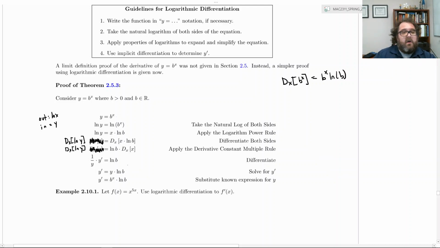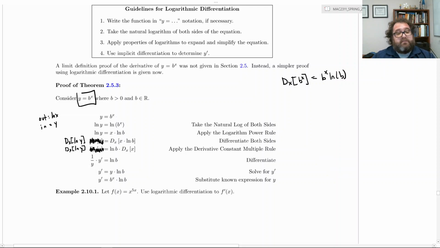But here's the thing. Whenever we are using this process called logarithmic differentiation, the penultimate step, the second to last step of the process, will always yield a derivative that has a y in it, and maybe x's and y's, but here there's just a y. But here's the key. We know what y equals, because this is where we started. y equals b to the x.